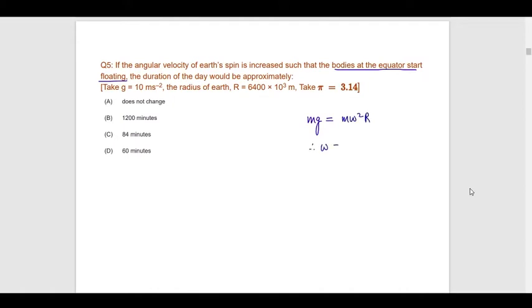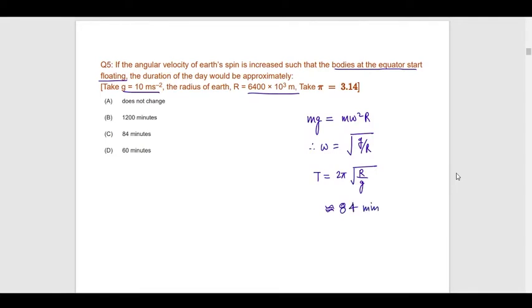From here, omega is going to be root of g by r. Therefore, the time period should be equal to 2 pi by omega, so that should be 2 pi root of r divided by g. If we put in the value of R, which is given here, and the value of g as 10, we will get the time period approximately equal to 84 minutes.